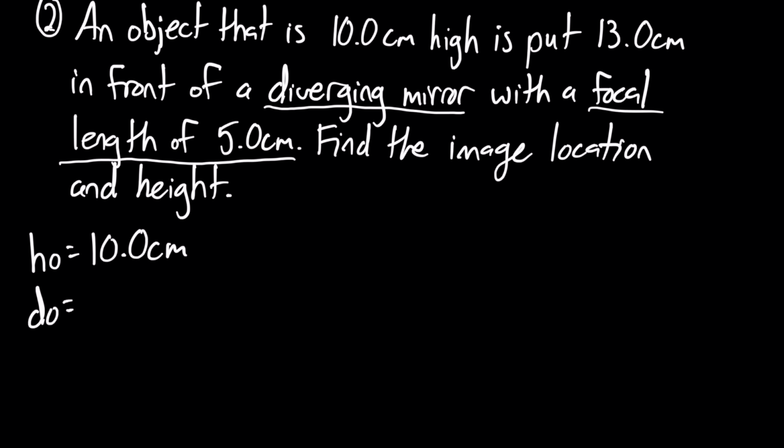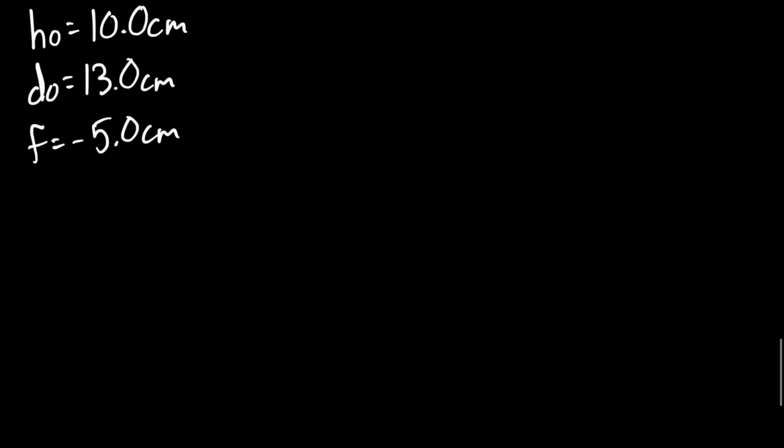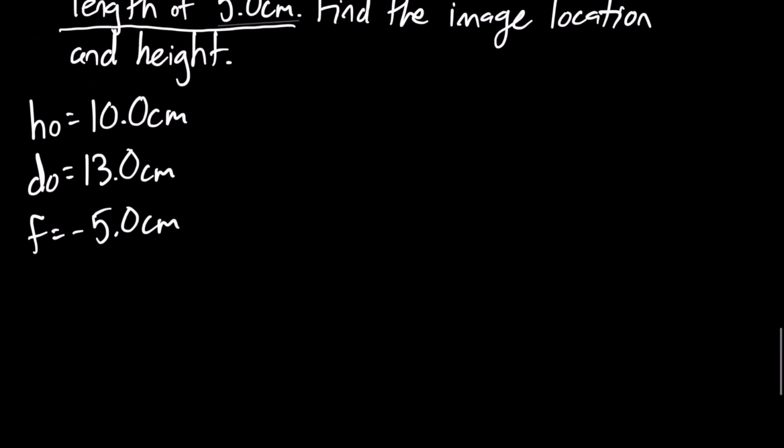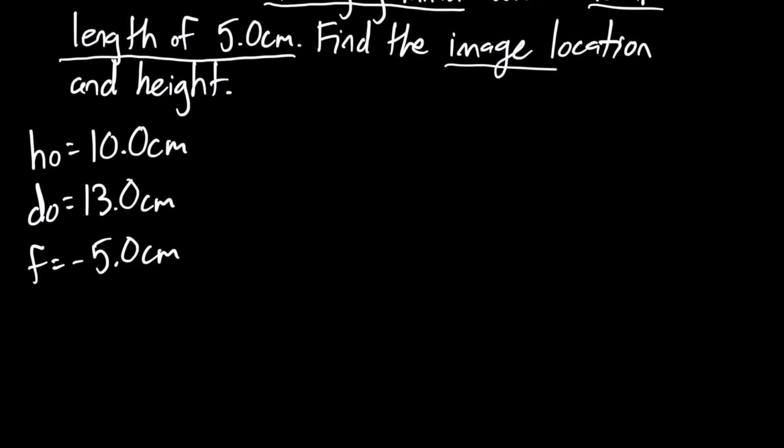So that's going to be 13.0 centimeters. And we also have our focal length, which is going to be negative 5.0 centimeters. So the question here wants us to find the image location as well as the height.